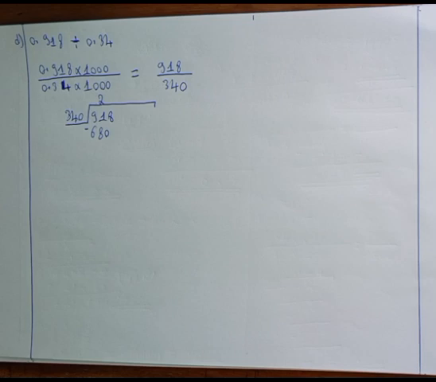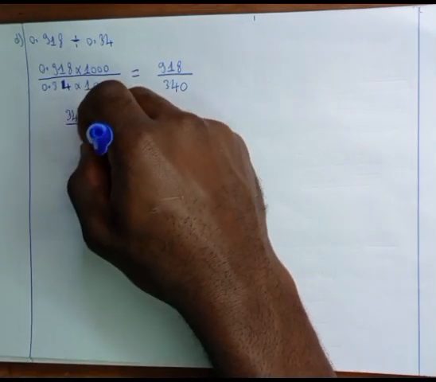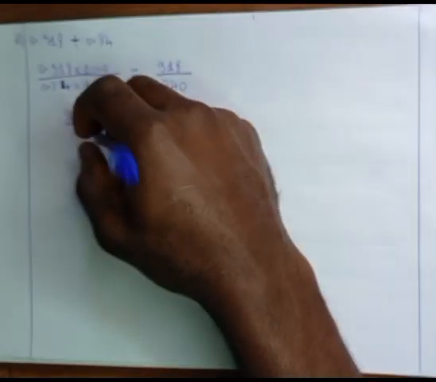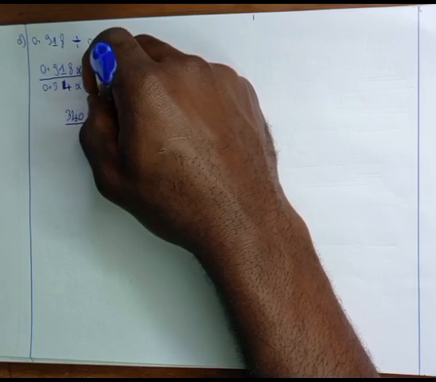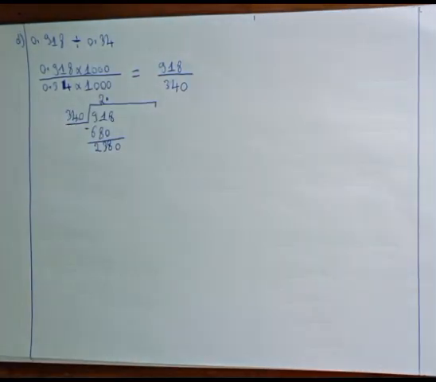Next, we subtract. If we take 918 minus 680, we are going to obtain 238. 238 is less than 340, so we are going to fix a decimal point here. Then we attach a 0, which gives us 2,380.